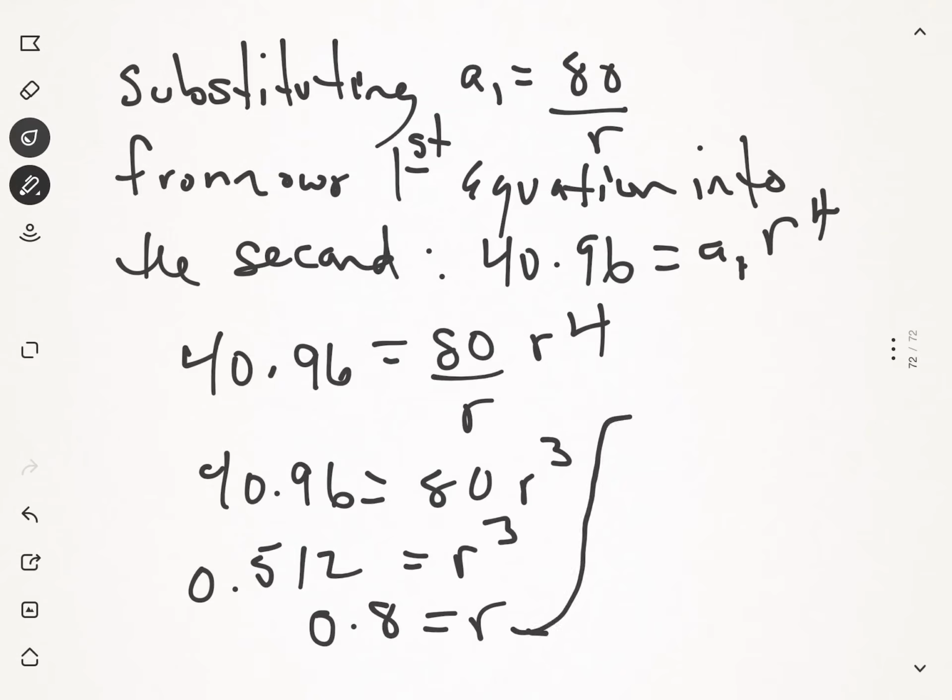This gives me, our first term was 100. So we needed that in our formula. So an equals 100 times 0.8 to the n minus 1.